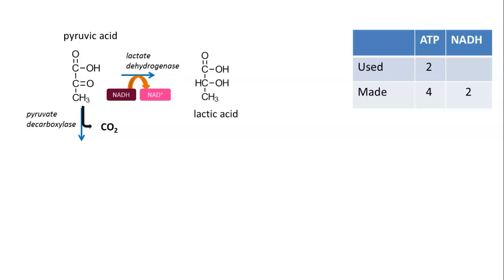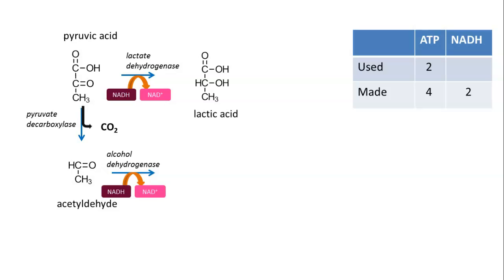The other pathway we can go through is where pyruvate gets decarboxylated using pyruvate decarboxylase, which drives off a carbon dioxide, and we get a material called acetaldehyde. The acetaldehyde can then be transformed into other things. If you take the alcohol dehydrogenase in here, it will turn it into ethanol.